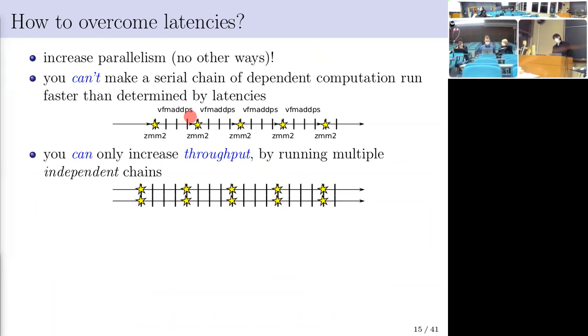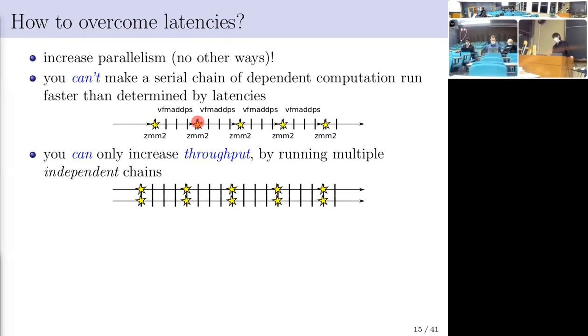In order for this FMA instruction to get executed, it obviously needs to wait for the input to become available. If the input is made available by this previous instruction, then this instruction can start only 4 clocks after the previous instruction gets started. This is what I mean by the latency.